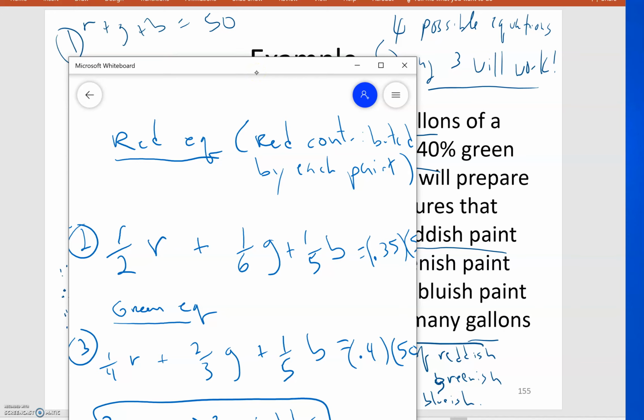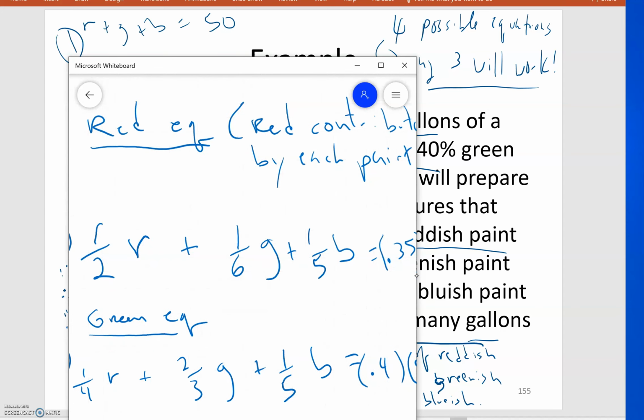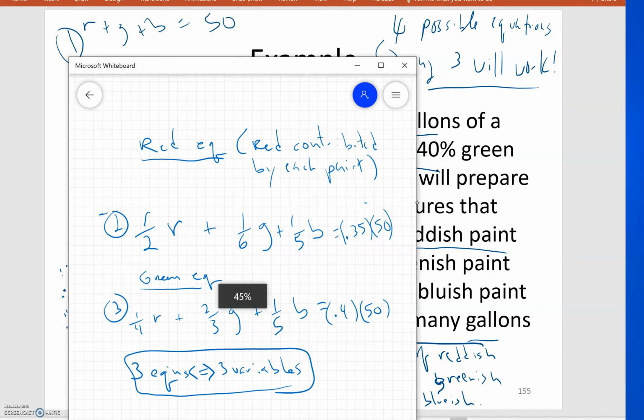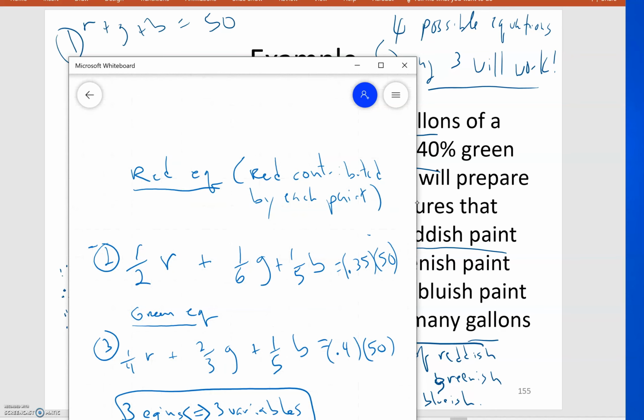Our second would be 1/2, 1/6, 1/5, and that's 0.35 times 50, then 1/4, 2/3, 1/5. I'm sorry, I got a bit ahead of myself. My coefficient matrix is just these numbers on this side, and then I'll have a constant matrix which has these numbers.